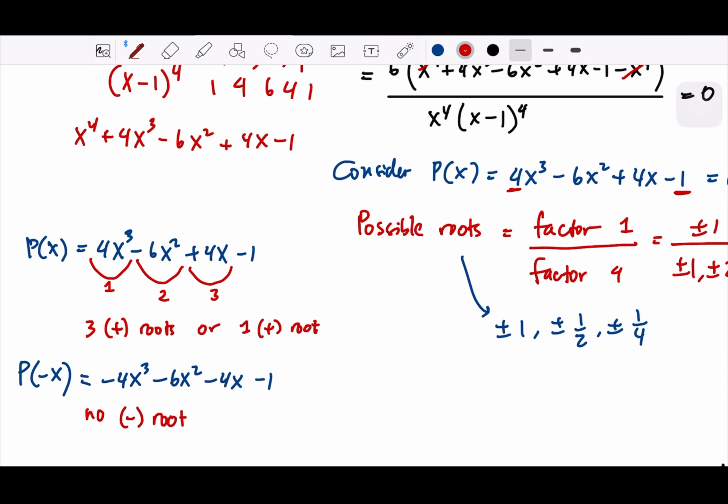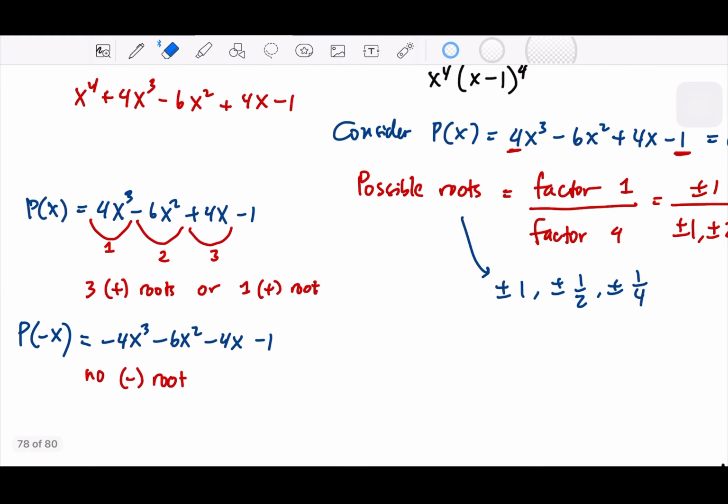So we are going to check the possible roots from here, only the positive ones. And how many roots do we need? Because we have the cubic, we will have 3 roots.